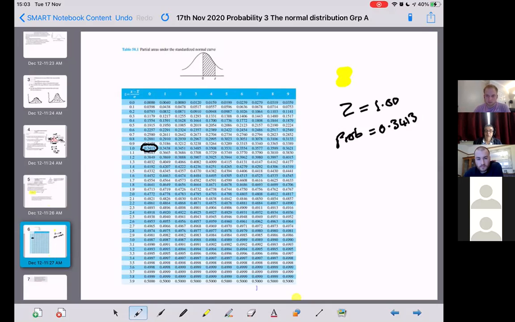Okay. If I had Z is equal to 0.62, I'd come down here, I'd look for 0.6, I'd go across to 2, and that's 0.2324.